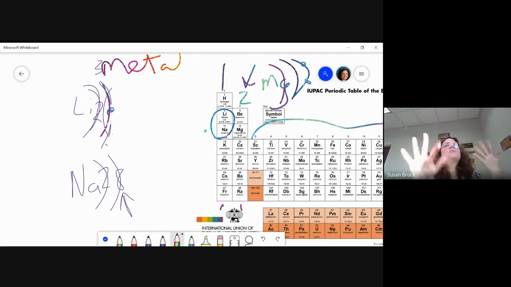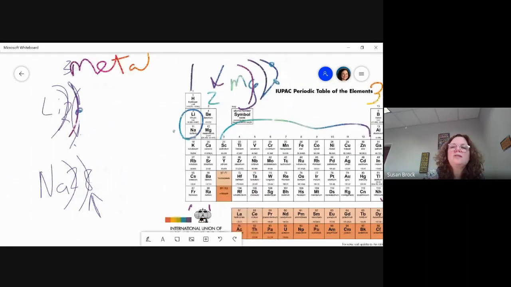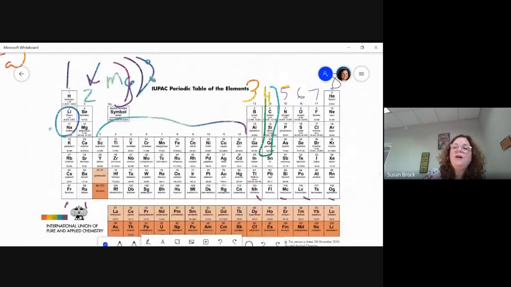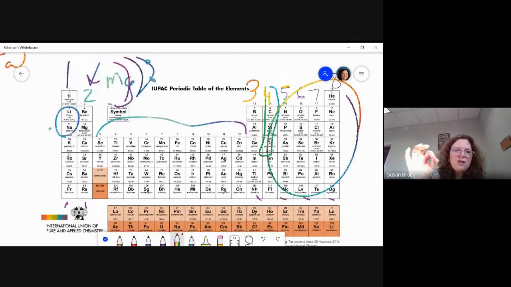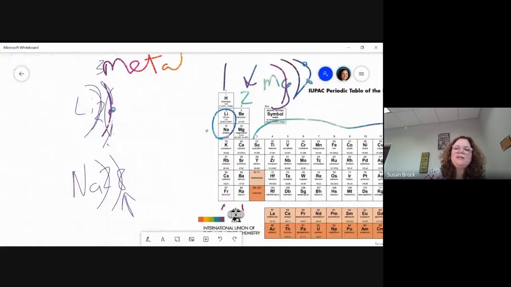Because of electronegativity, the attraction between the nucleus and the electrons is smaller than the attraction between the nucleus and the electrons of the nonmetals on the other side, so it's easier. I always say it's easier for them to lose electrons than gain electrons. So for lithium and sodium, what's easier? To gain 7 or lose 1?